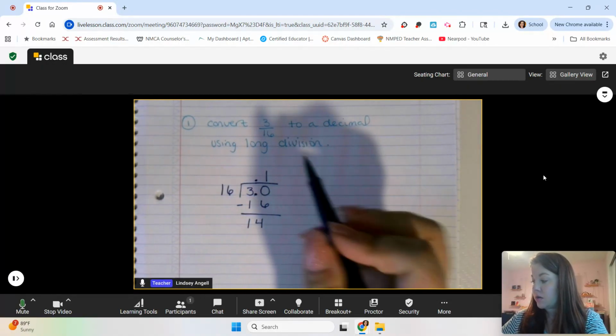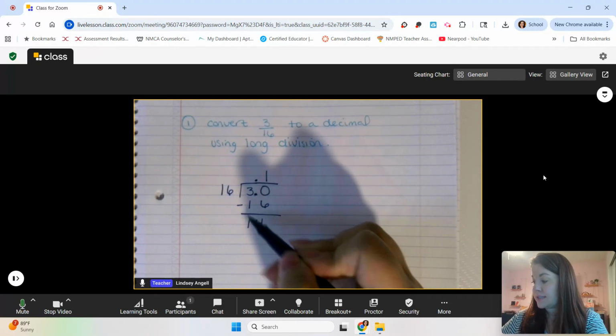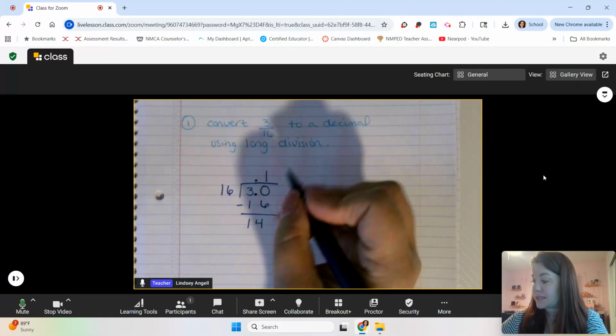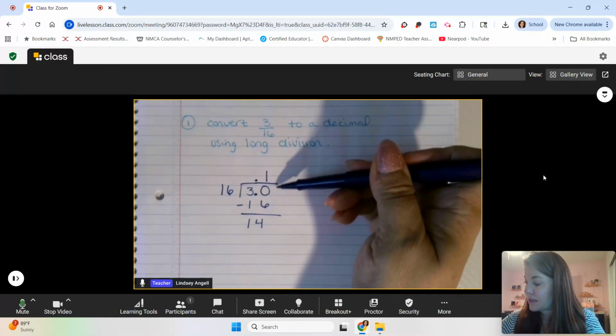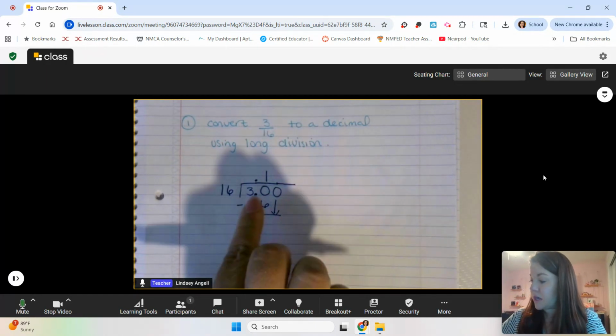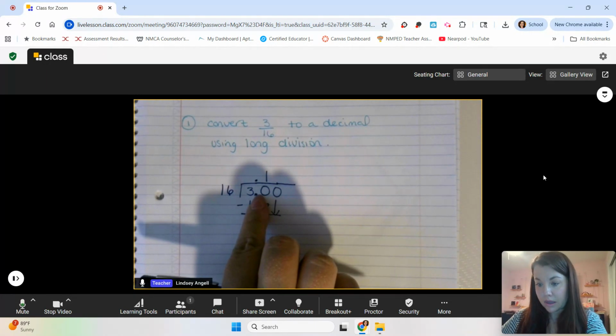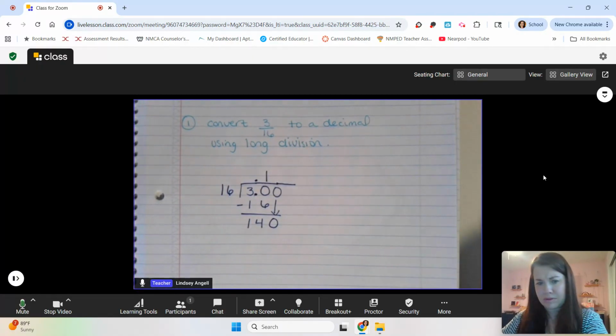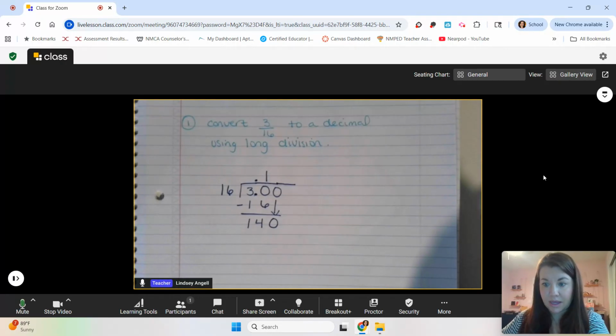Okay, so because I still have some left over, I need to go to my next place value. Well, I don't have anything in that next place value, so I'm going to annex another 0. Okay, I still have not changed the value of my original number. Now I need to think, ooh, all right, I'm getting into higher numbers now, right? 140.